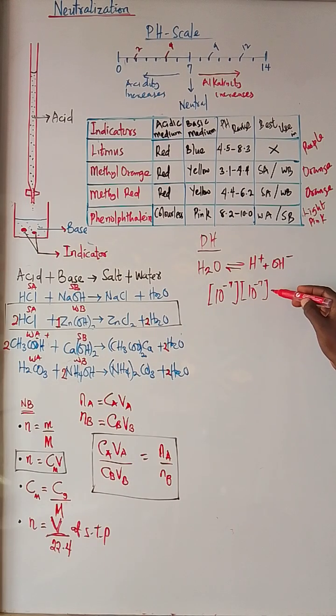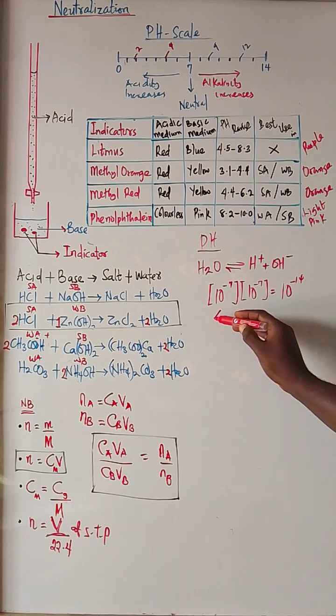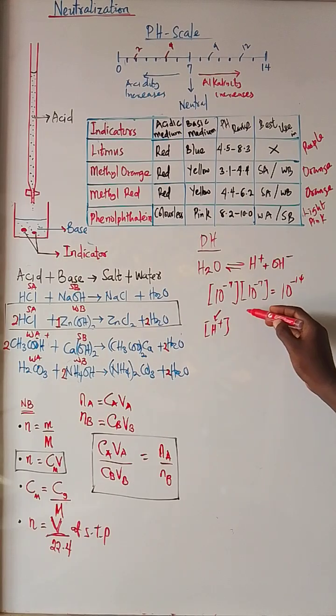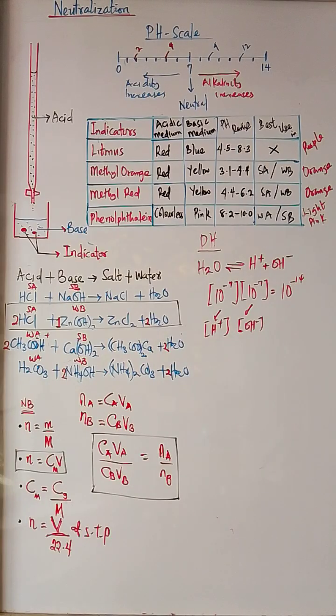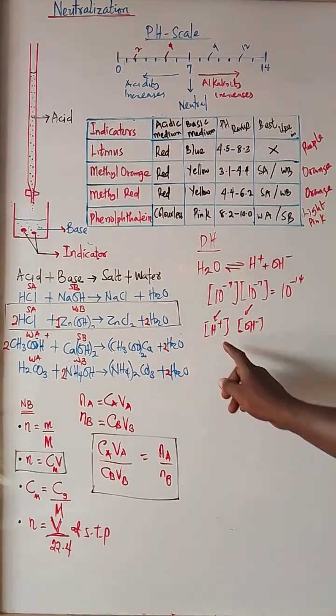If you multiply both of them together, we get 10 to the power of minus 14. This indicates the concentration of hydrogen ion, and this indicates the concentration of hydroxyl ion.